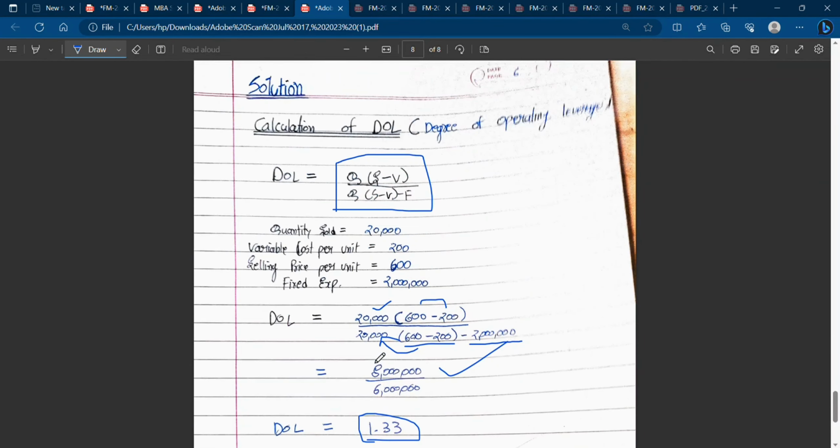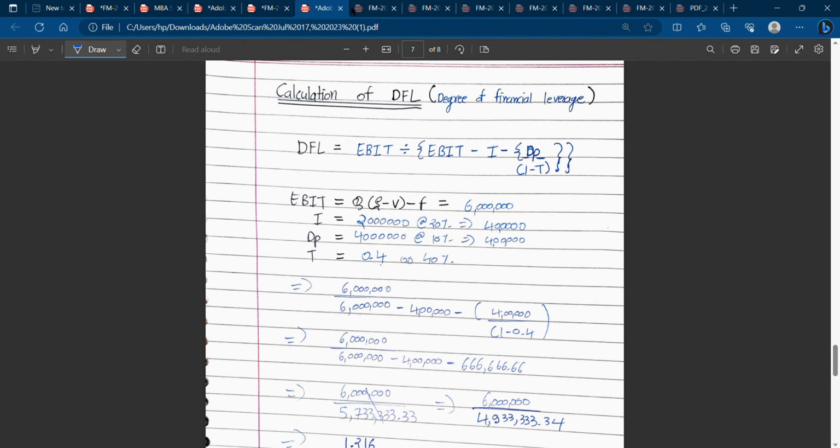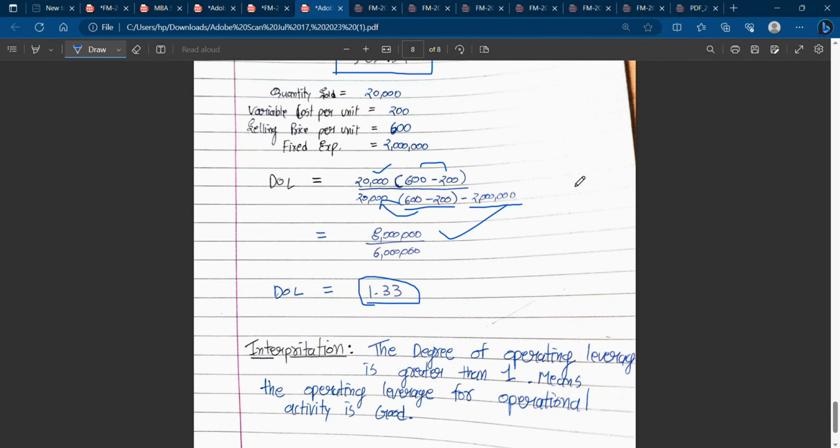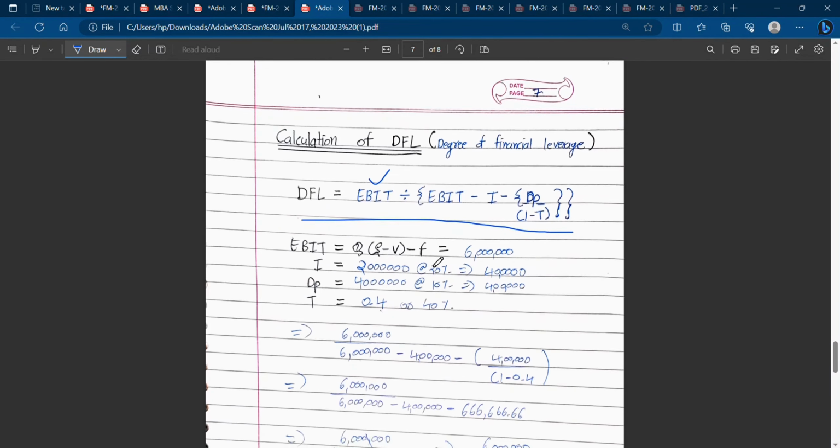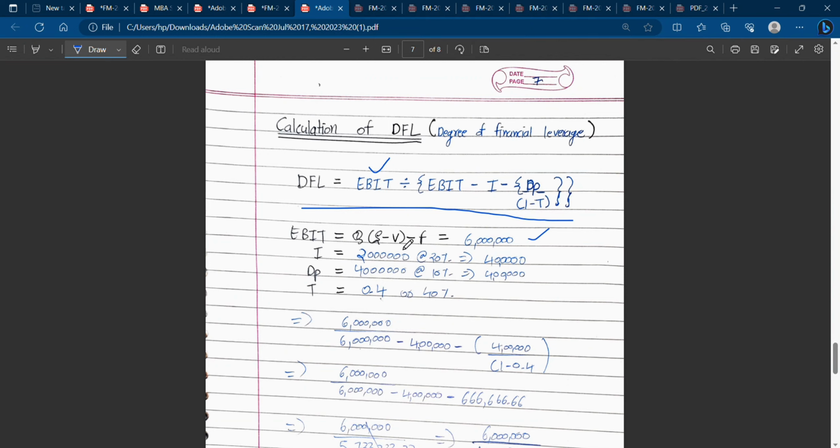Now we will be calculating financial leverage. The financial leverage formula is a little lengthy but easy to calculate. First, we have also calculated the EBIT in this question. Here we have interest, preference dividend and the tax rate.